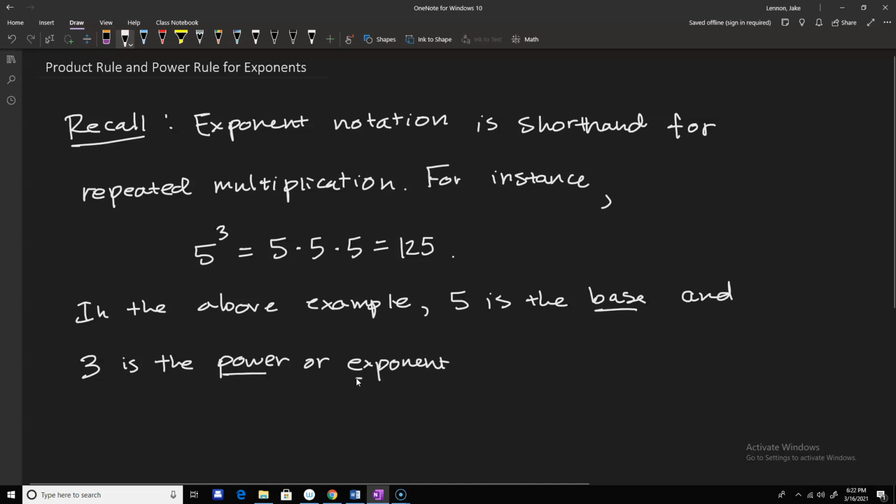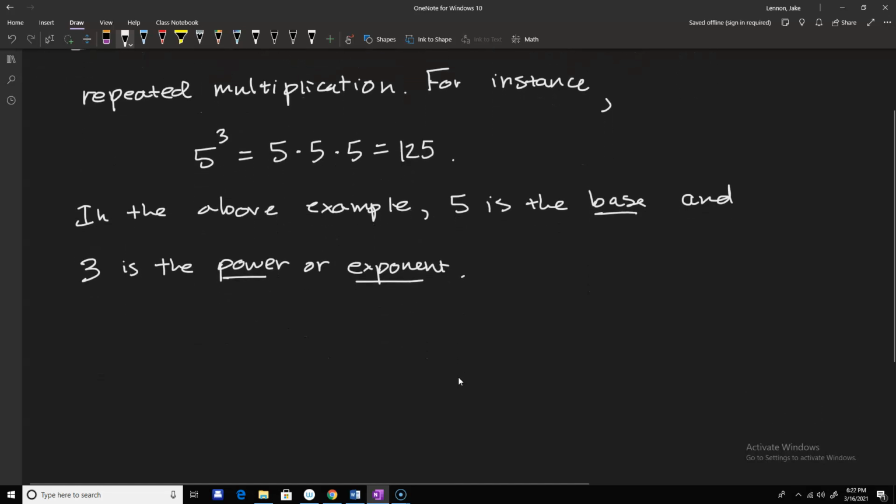So you'll hear either one of those used. And a lot of times we'll be using them for variables, so really this is kind of like an introduction to multiplying polynomials too. So you might have something like x to the third power. That again just represents x times x times x.